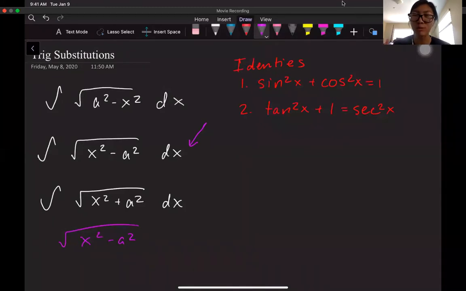But that's not a problem, because the thing about trig identities is that we can manipulate them. For this second identity, I can rewrite this as tangent squared equals secant squared of x minus 1. So now I have that minus constant that shows up in this integrand as well. Just not exactly what we want just yet.